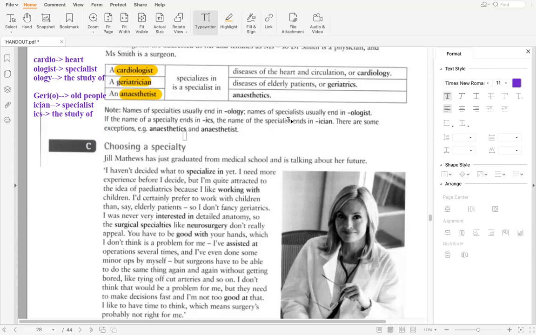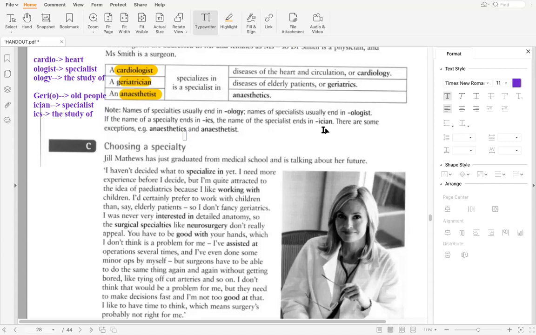Names of specialists usually end in ologist, like as we said, cardiology and cardiologist. If the name of a specialty ends in ics, like in geriatrics, the name of the specialist ends in ician, like geriatrician.